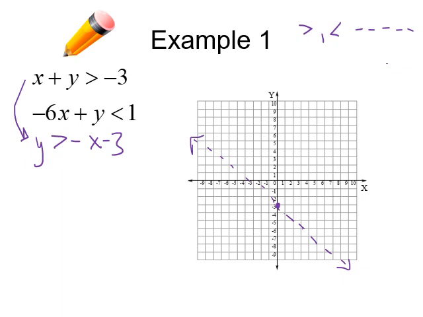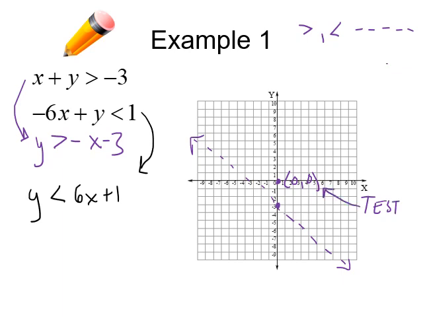Okay. Second equation. If I were to solve for y, I could add 6x to both sides, and I would get y is less than 6x plus 1. Before I continue with this, I want to talk about this first line again. y is greater than negative x minus 3. I also need to shade the direction that includes the correct points. I'm going to test the point 0, 0.